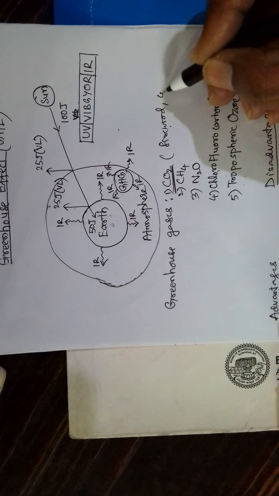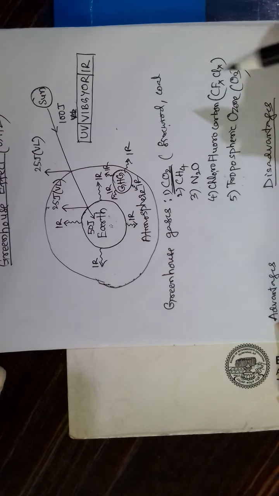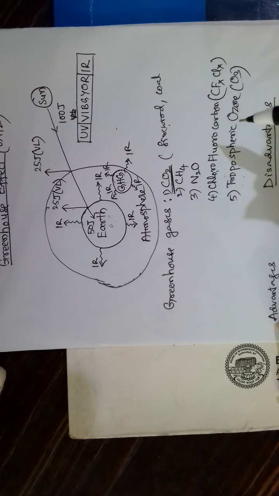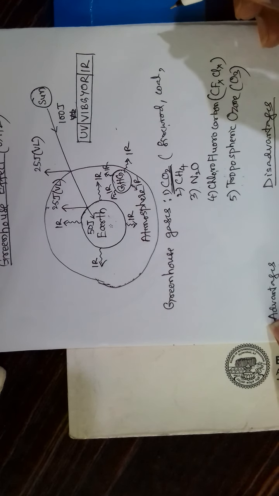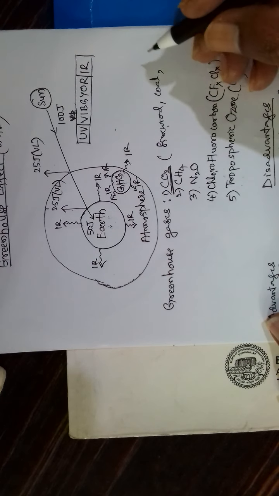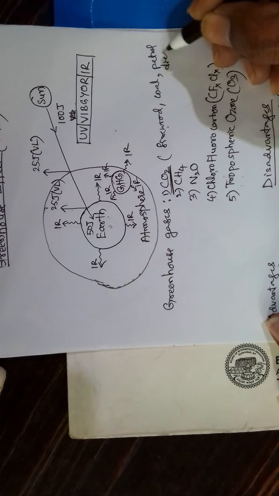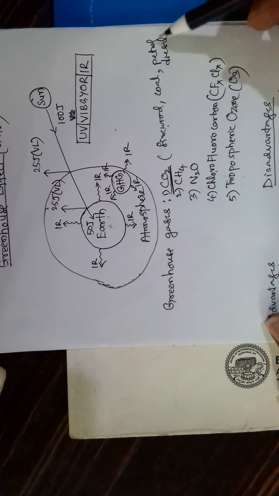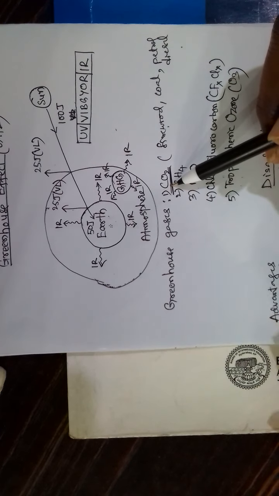Burning of coal at thermal power stations, coal is burned, so carbon dioxide gas comes out. And vehicles, you make use of fuels, petrol, diesel. So by combustion of these fuels, carbon dioxide gas is increasing in the atmosphere.